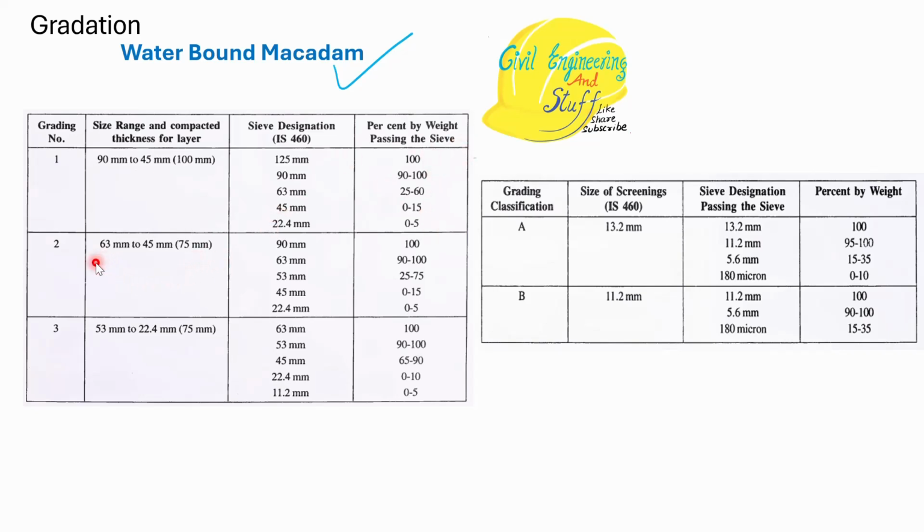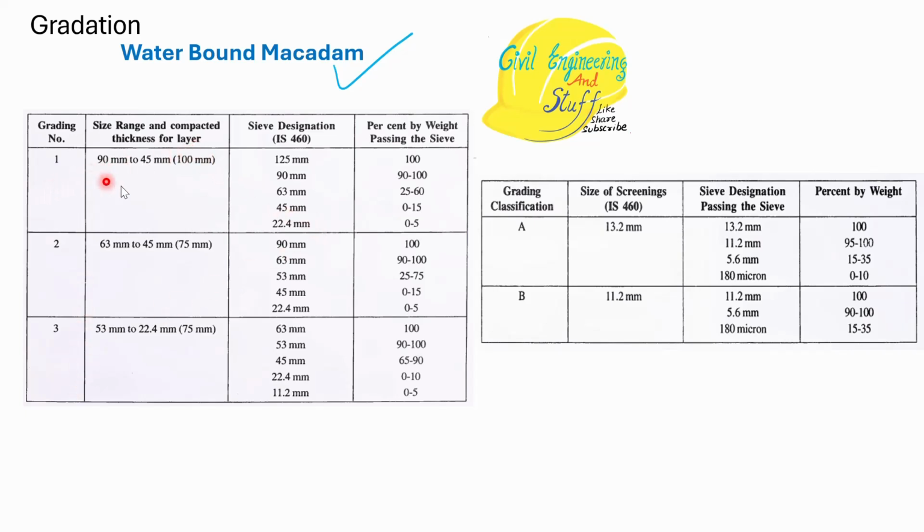Second batch of aggregate will be of size ranging from 63 mm to 45 mm. Then we will arrange the sieves in this, and this is the size of aggregate that should be there. Third set will be 53 mm to 22.4 mm. So this is the gradation, the batches of aggregate that we can use: grade 1, grade 2, grade 3.